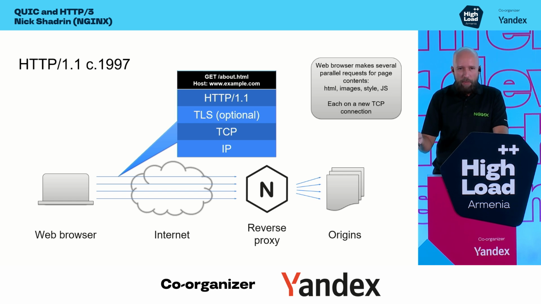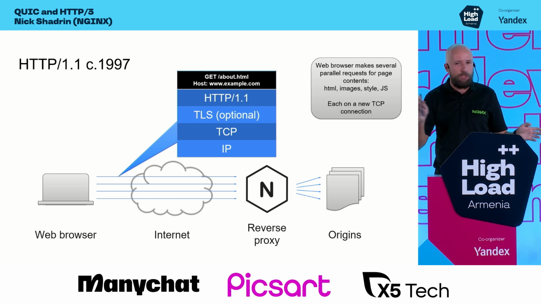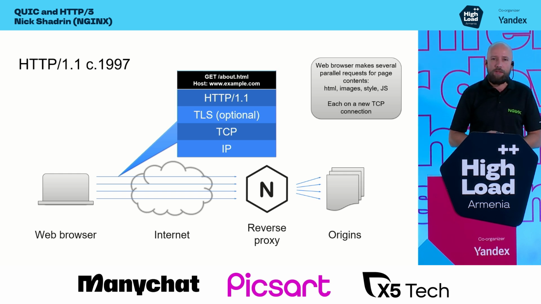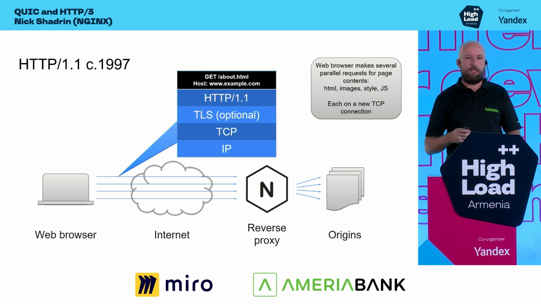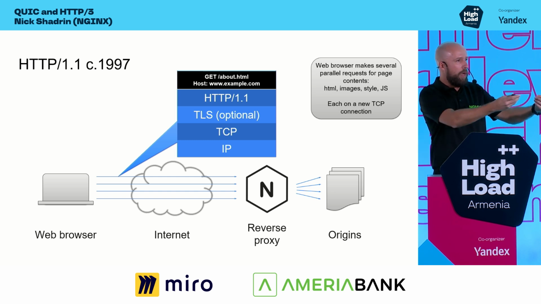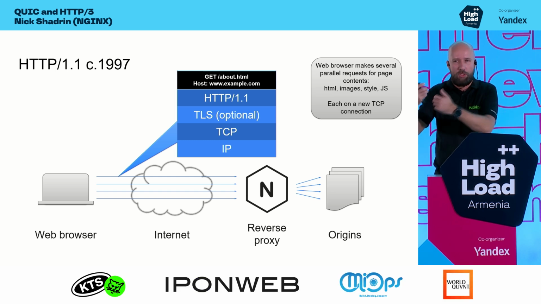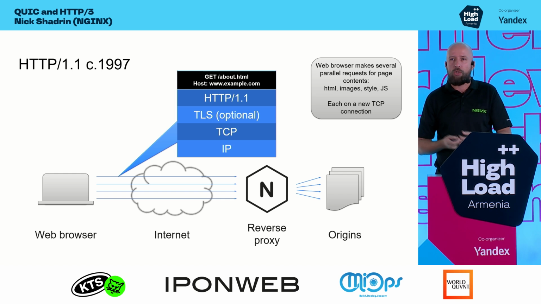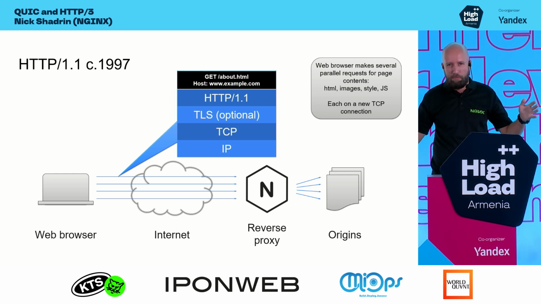For example, if you have a page with CSS files, JavaScripts, and all kinds of other things, only one object was sent per connection. How does the browser usually work with that? The browser, by default, opens five or six connections in parallel, trying to get all the different parts of content at the same time using that number of TCP ports and different TCP connections.